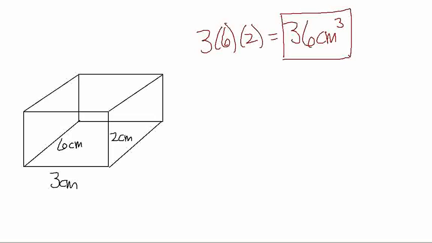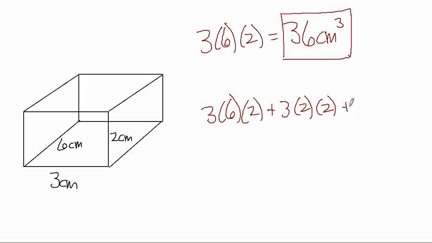Okay, and then for the surface area, we need to add rectangle areas together. So 3 times 6, and there's 2 rectangles with that area, plus 3 times 2, and there's 2 rectangles with that area, plus 6 times 2, and there's 2 rectangles with that area, because we have a total of 6 faces.